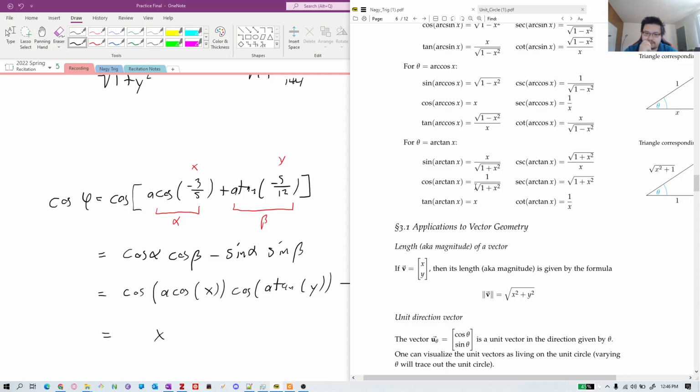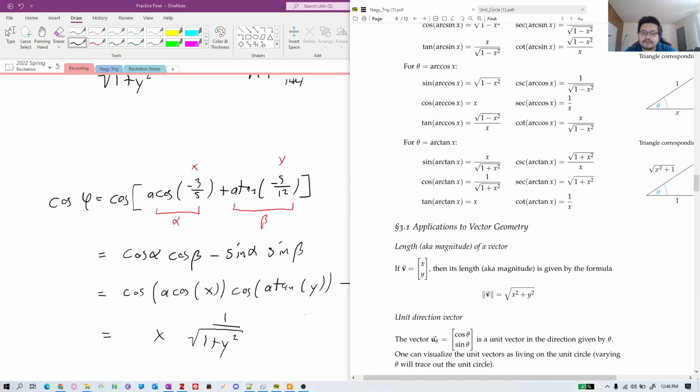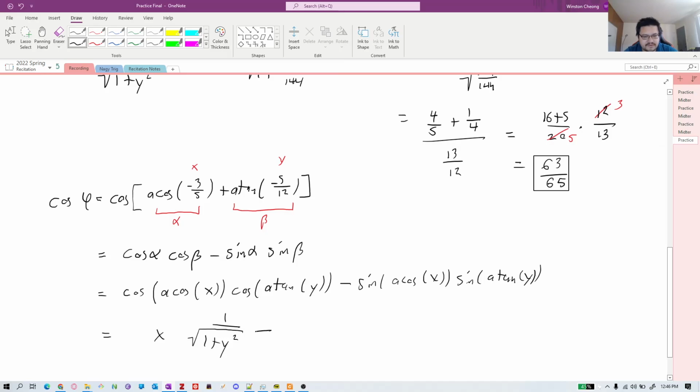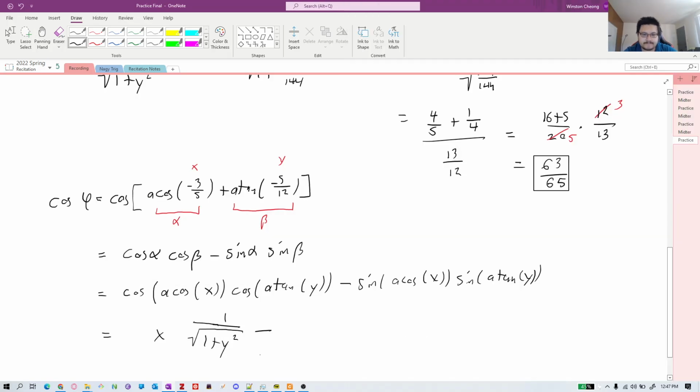Okay. So 1 over 1 plus x squared, but our input in this case is y, so it's going to be 1 over 1 plus y squared. I think there's a square root. Okay, my computer's complaining. Hopefully everything's okay. All right. Sine of arc cosine of x is that. Okay. Square root of 1 minus x squared.